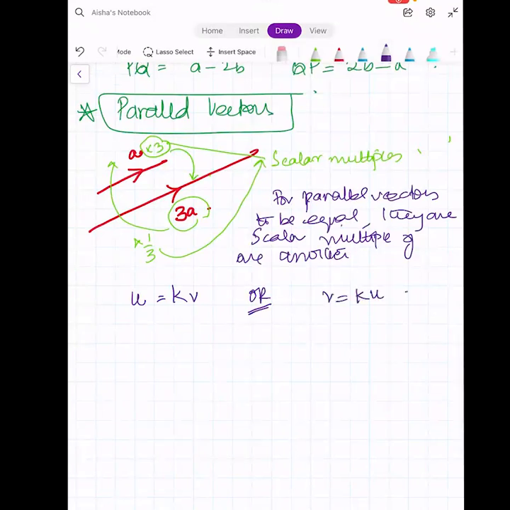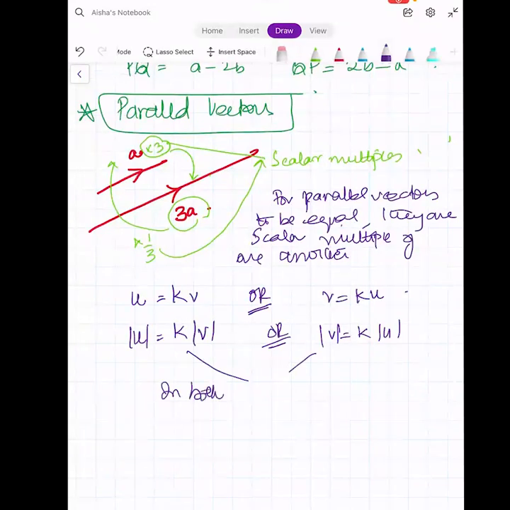It can be either way around, doesn't matter. The magnitude of u in both cases, k value will be different. Because obviously you're putting it in different directions.